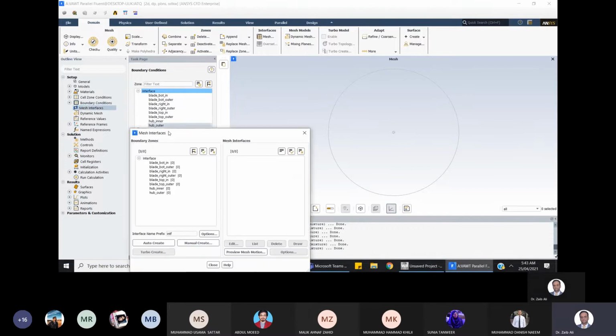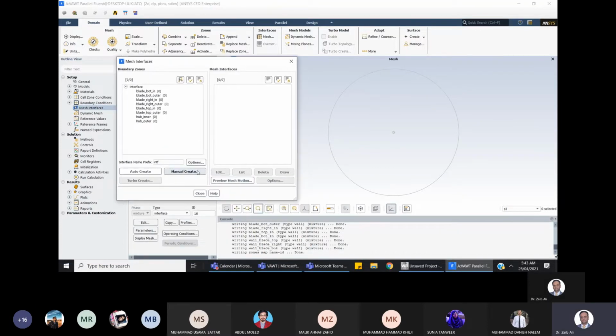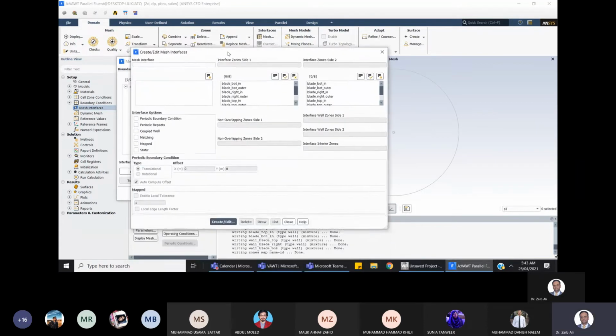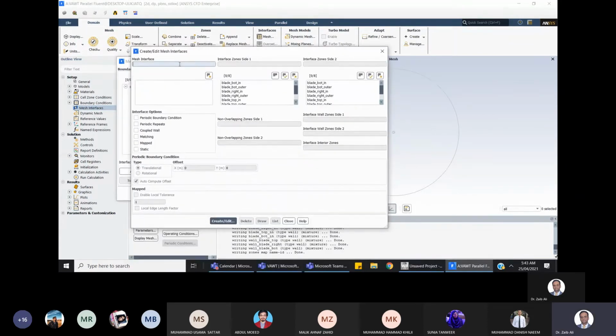So then below you will see a mesh interface tab. Double click on that, and then you need to name the interface now. You need to tell it which two circles are overlapping.